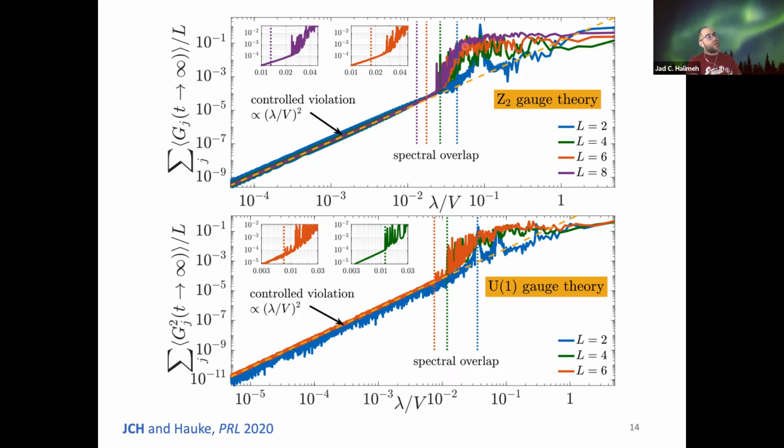Interestingly, here we look at the spectral overlap. You can think of it as the highest eigenenergy in the Gauss's law sector and the lowest eigenenergy outside of it. And you see that they overlap at the following value of V for the different system sizes. For L equals 2, they overlap at a lower V. And as you increase system size, this V increases and increases.